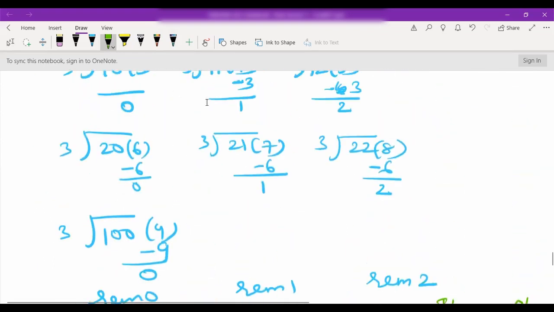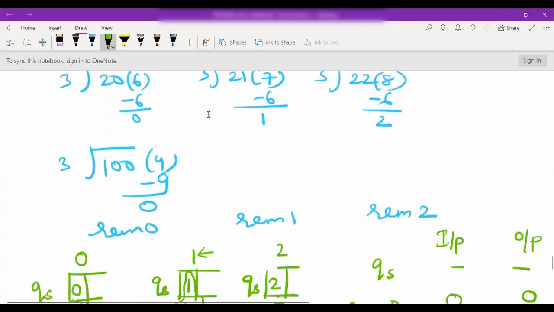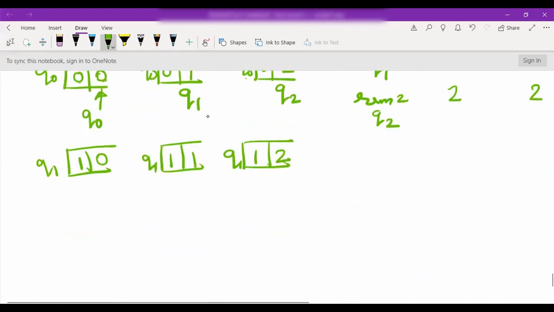So we are going to check here number 3. When it is divided by 3, leaving the remainder 0. So it will go to the state Q0, leaving the remainder 0. 1, 1 is number 4, going to the remainder 1 state, that is Q1, and leaving the remainder 1. 1, 2 is number 5, generating the resultant state Q2 and remainder 2. So this resultant state we have already marked here. So no need of writing again and again. Now Q1 we have considered.